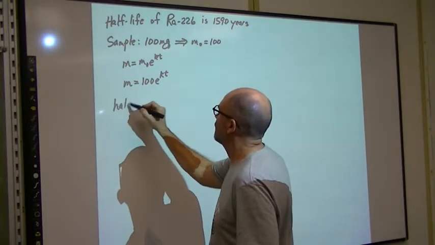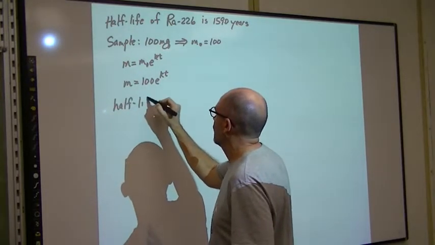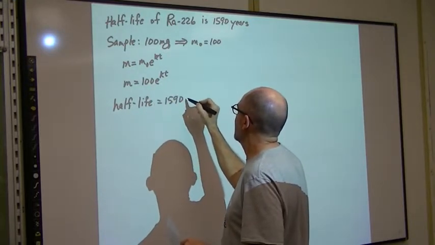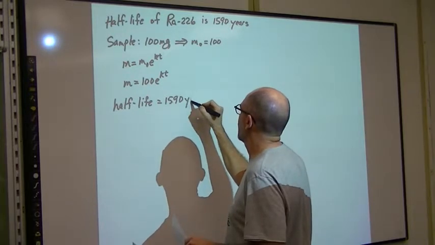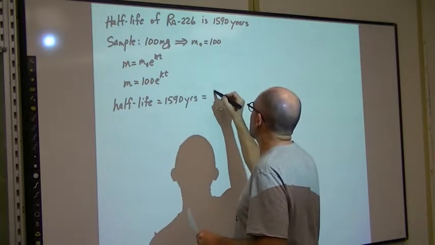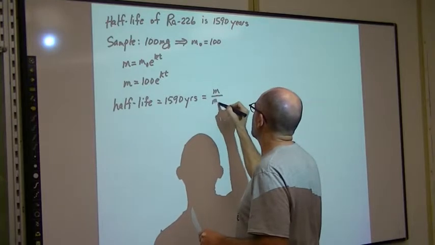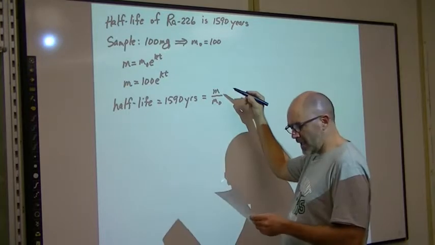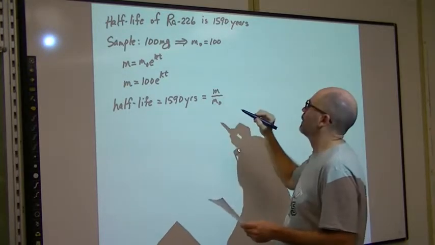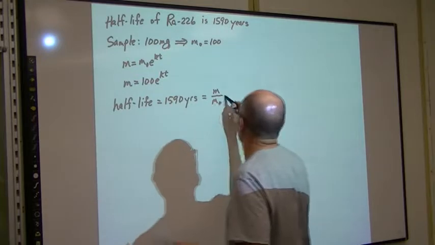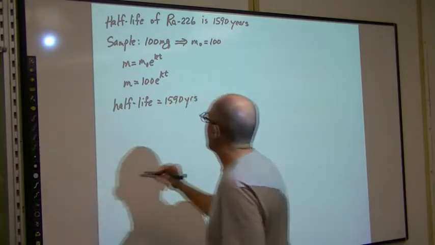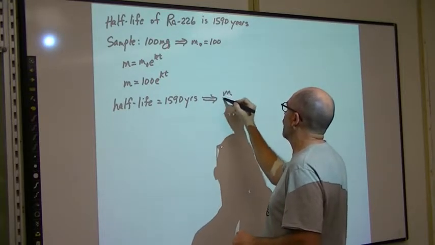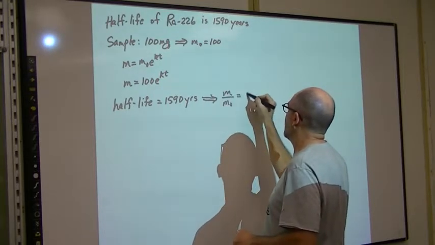So now, what I'm going to do is say if the half-life is 1590 years, that's always going to equal M over M sub O. Oh, I'm sorry. That's not going to equal M over M sub O. As I was writing that, I knew that sounded bad. That's when M over M sub O equals 1/2.